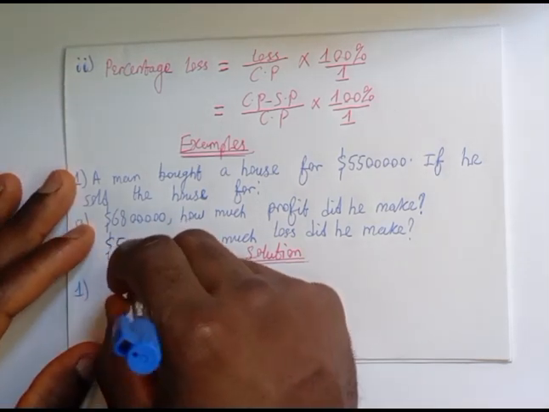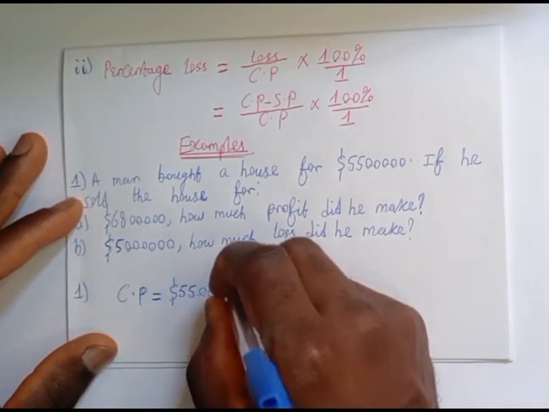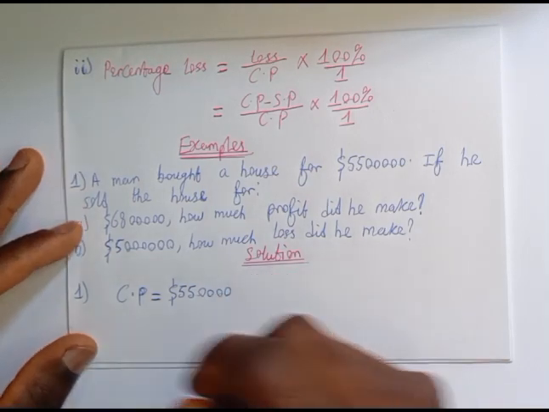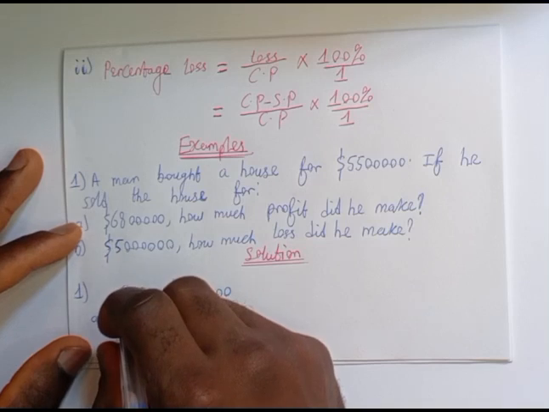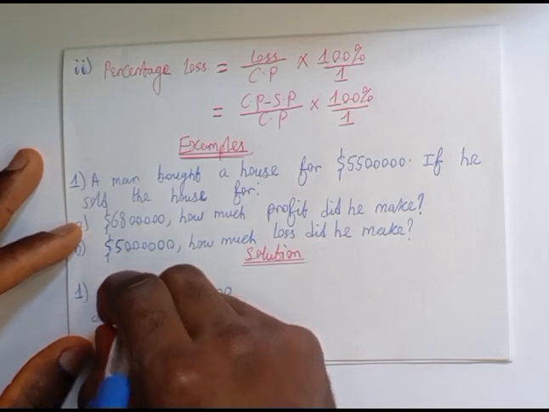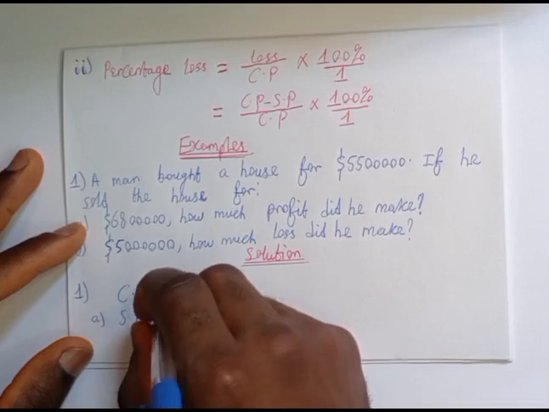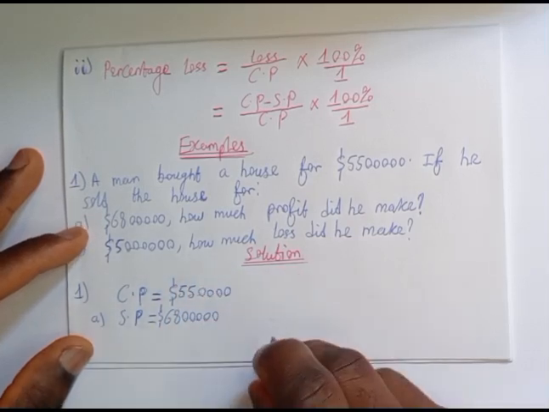Therefore, cost price is $5,500,000. For question A, the man sold the house for $6,800,000. The $6,800,000 is the selling price.